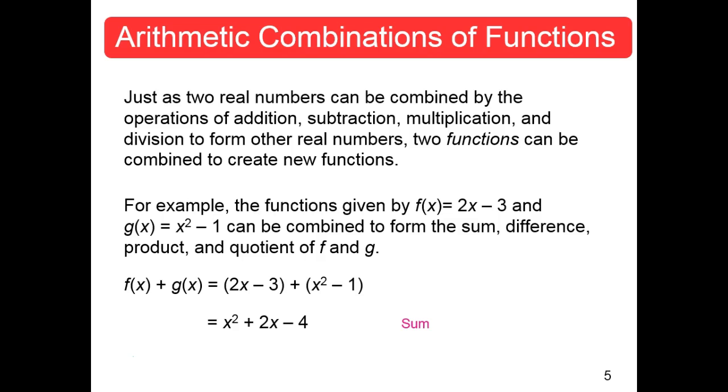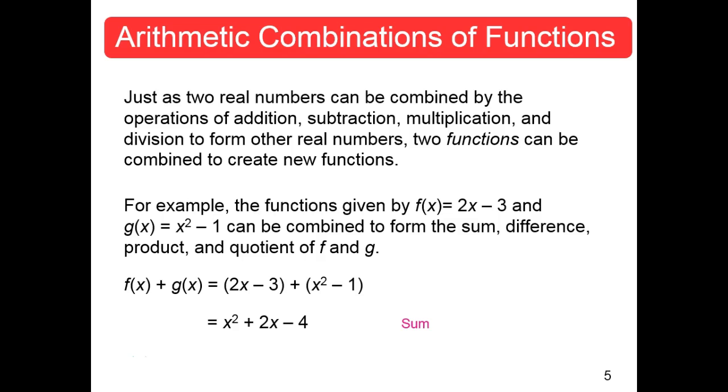So if this function was from negative infinity to plus 3, and this function was from negative 2 to positive infinity, then the sum, difference, product, everything would have to be just between minus 2 and plus 3. You have to limit the domain to whatever those functions are. But most of the time, you'll see that and it makes perfect sense.